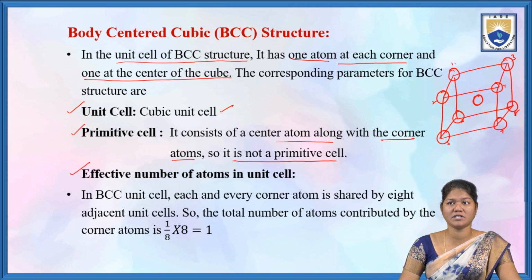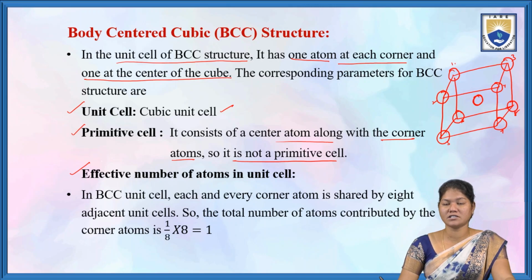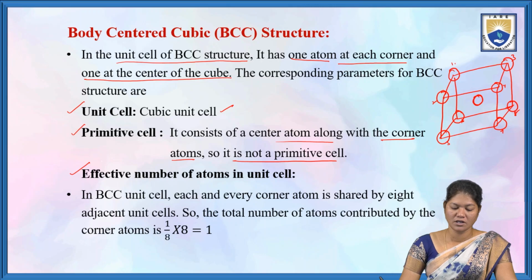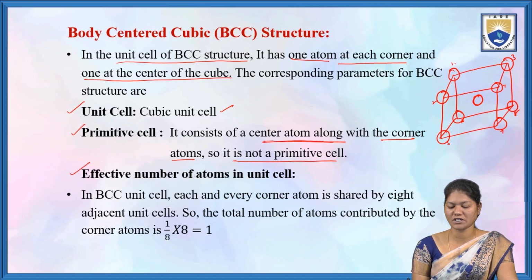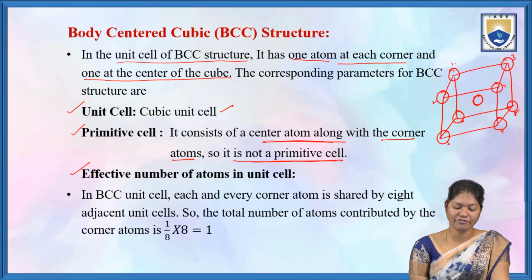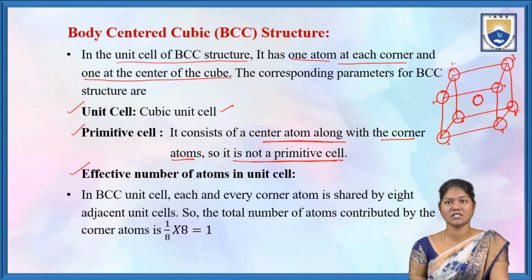If the lattice point is only 1, then it is a primitive unit cell. But here in this body centered cube, the lattice points are 2, so it is not a primitive unit cell. Next, the effective number of atoms in the unit cell.